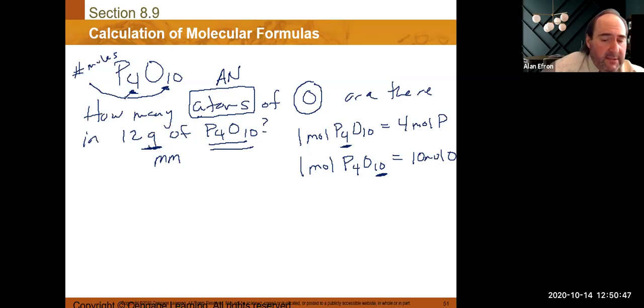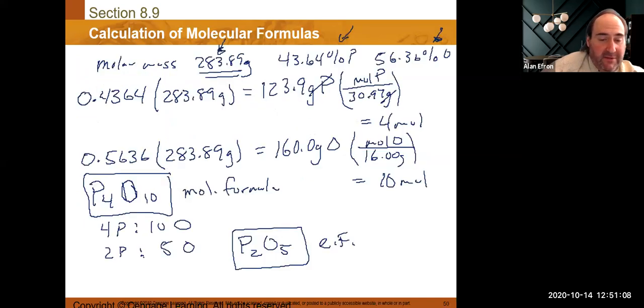So if we were going to do that, because this is a mole to mole relationship, we do need to convert the grams into moles. So we would take our 12 grams of the whole thing, and we would want to use the molar mass of this whole thing, P4O10. So I'm just going to steal the number we used before, 283.89.